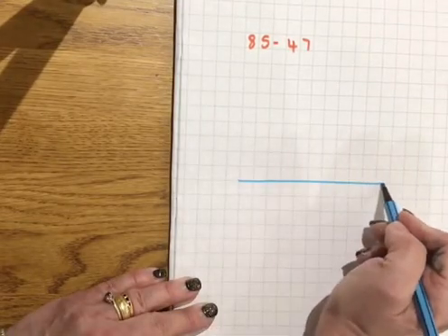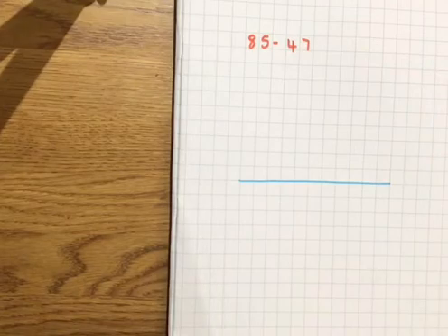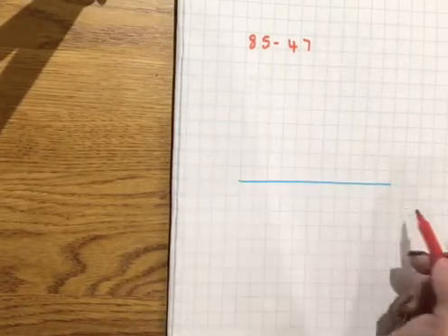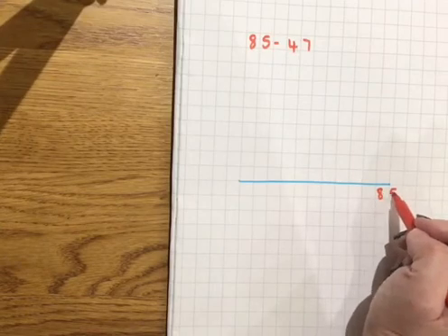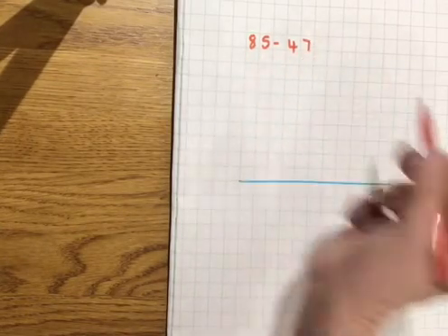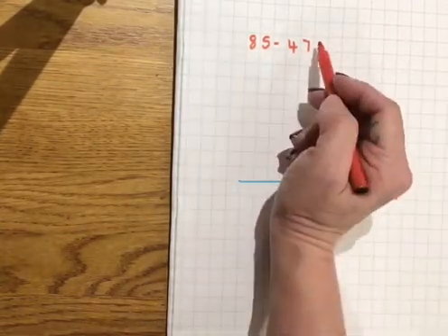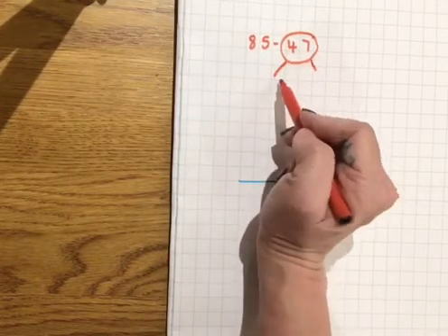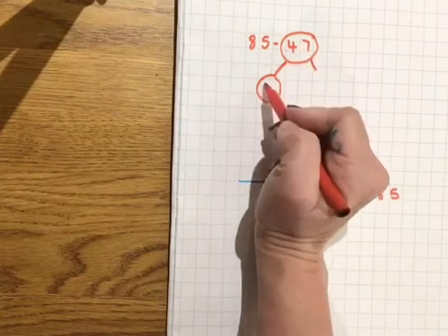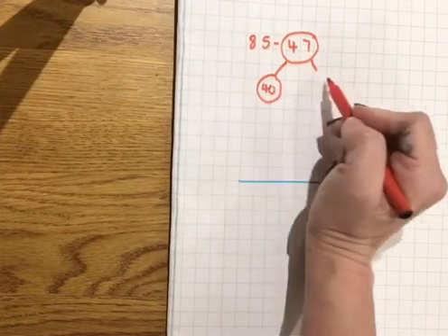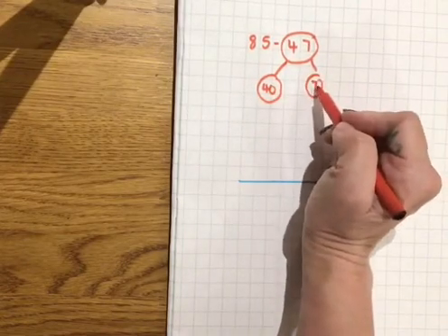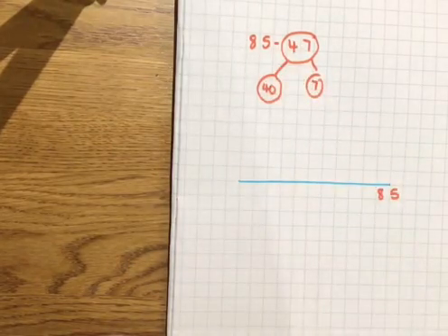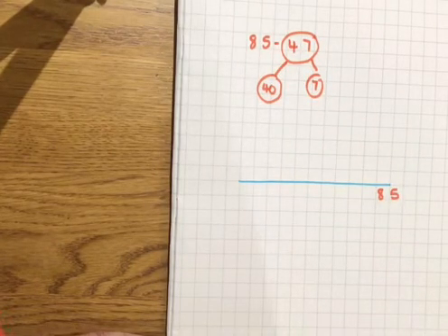So here's my number line, and I'm going to start with 85 at the end of my number line because my subtraction sentence is 85 take away 47. I'm going to partition my 47 into tens and ones, 4 tens, which is 40, and this time I've got 7 ones. My 7 ones is more than the 5 ones I've got here, so I'm going to have to make more than one jump.